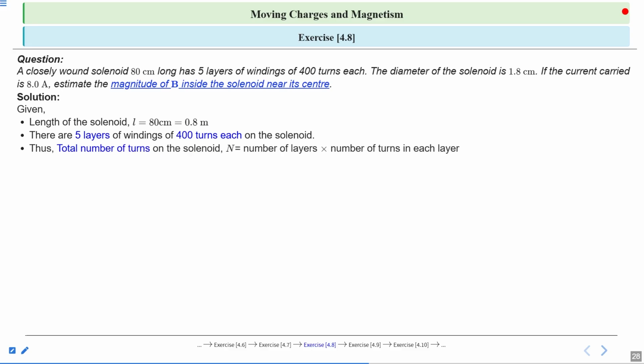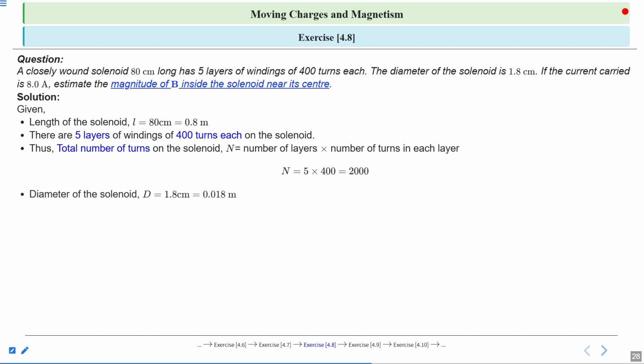So total number of turns on the solenoid is given by number of layers multiplied by number of turns in each layer. Thus n is equal to 5 into 400, which is equal to 2000. So total number of turns is 2000, 5 layers and 400 turns in each layer.